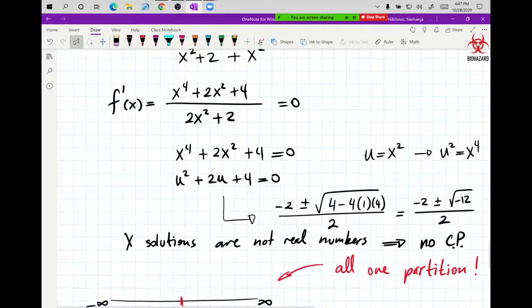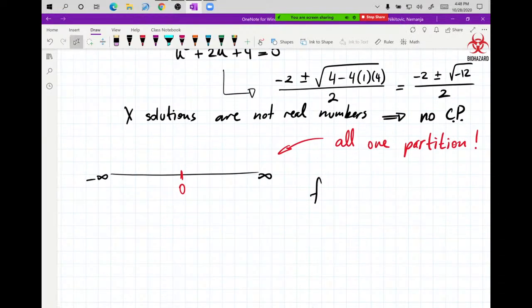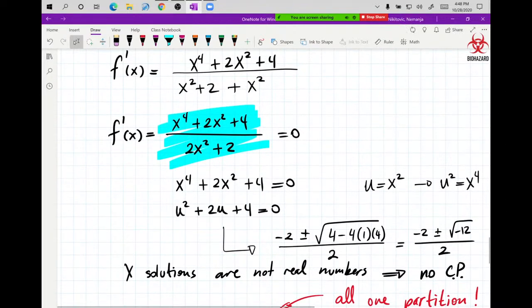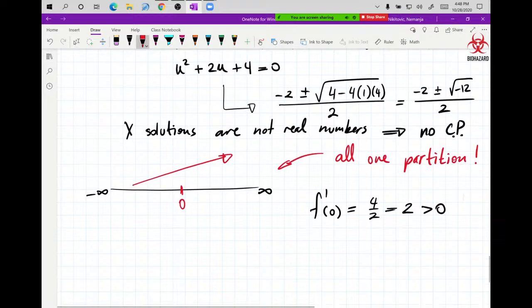Now go and find your derivative, which is this, and then compute your f prime of 0. Now all of the x to the 4th is 0, everything is 0, you just get 4 over 2, which is 2, which is larger than 0, and the entire function is increasing.